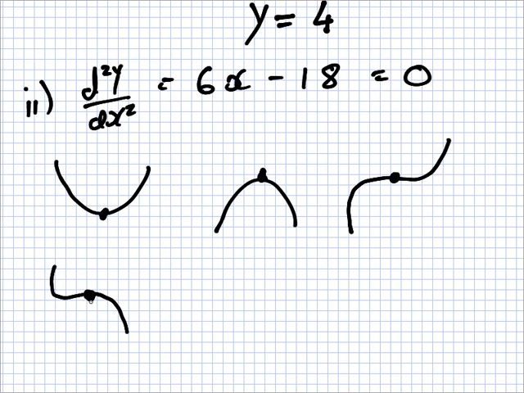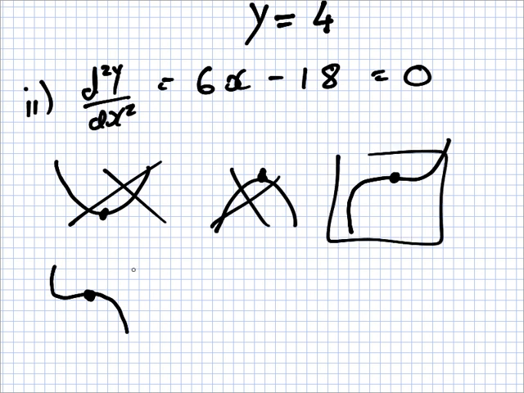There's one thing we know it can't be: it can't be an inflection point like this, because we know for certain the derivative is 0. And it can't be that, at least. Now they're saying in the question it's an inflection point, so it's not going to be this and this. We have to show it's one of these.